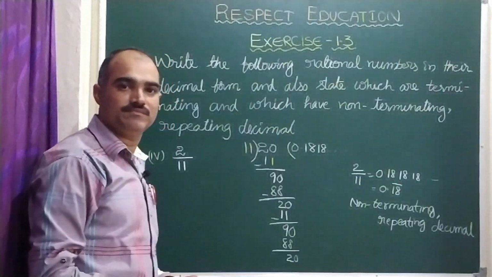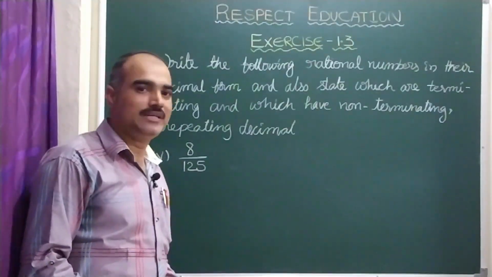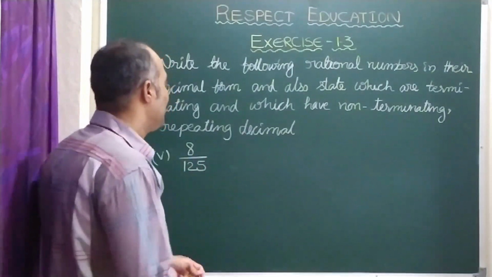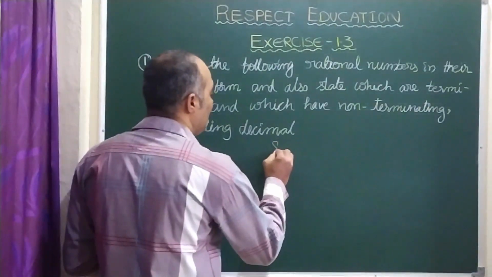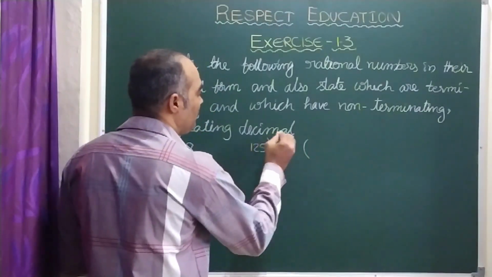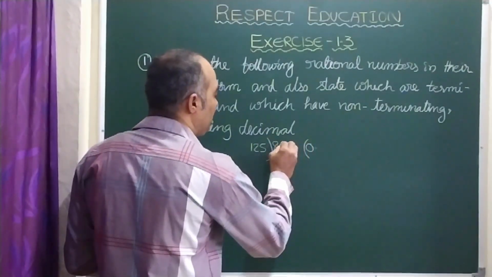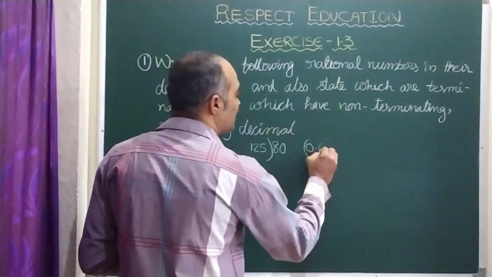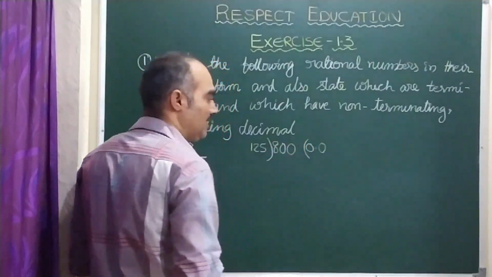That's all, children. Let us see the next bit, that is the fifth bit, 8 by 125. So here let us divide 8 by 125. Here 0 point, here it is 80, still 80 is smaller than 125, so let us take one more 0, here this is 800.